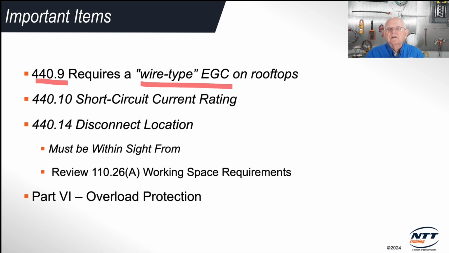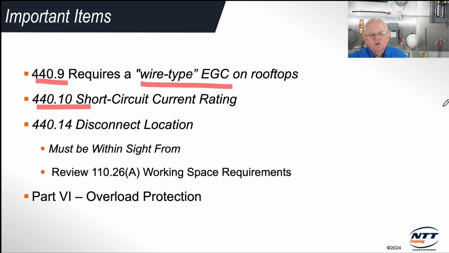The conduit fitting coupling was broke or came loose or whatever, and so there was no fault path from the rooftop unit back to the source, and so that length of conduit that the worker stepped on was energized, and he became a fatality, unfortunately. So the rules in the code changed back then to make sure that we run a wire type grounding conductor along in that rooftop to make sure that we maintain continuity along our equipment grounding conductor.